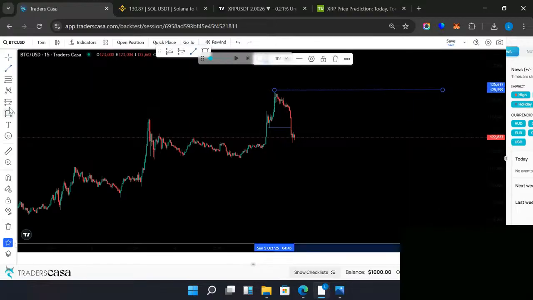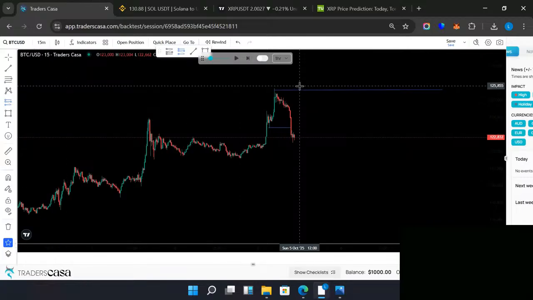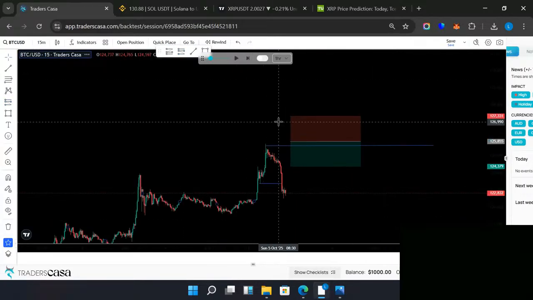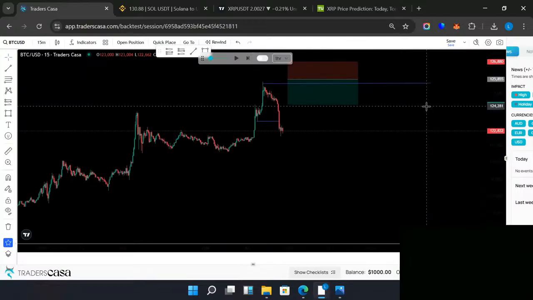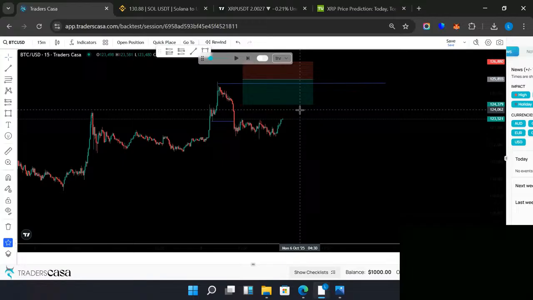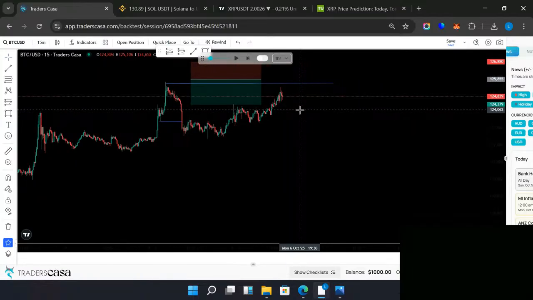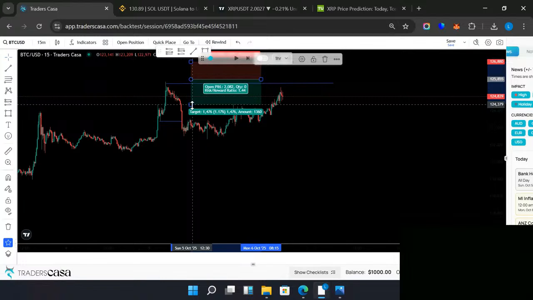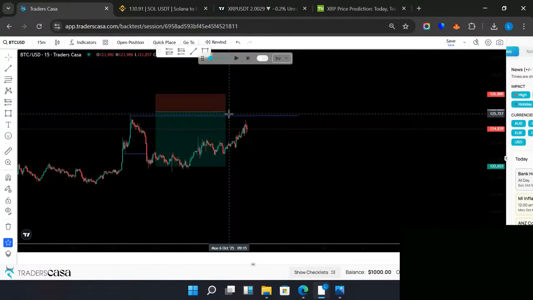Now I think we are doing the right thing, and we make a short position and we keep it kind of here, and we keep a kind of stop loss very big. Let me just see when price comes to that point first of all, because I want to see the price to come till that point, and then we are going to be able to see where is the sell side liquidity, not buy side here.